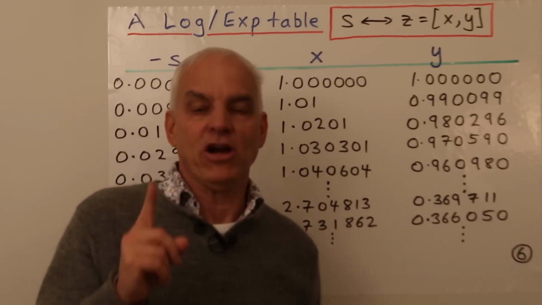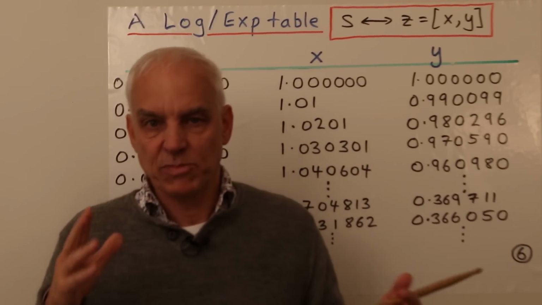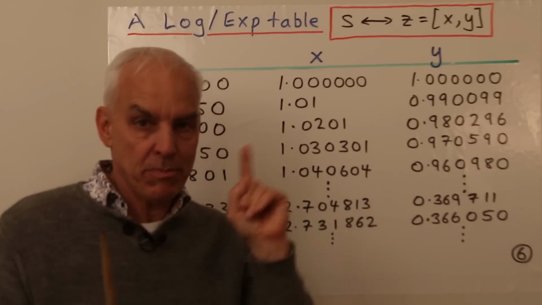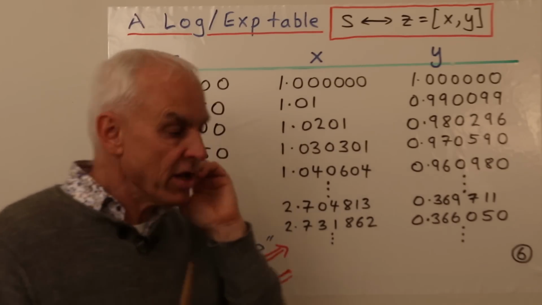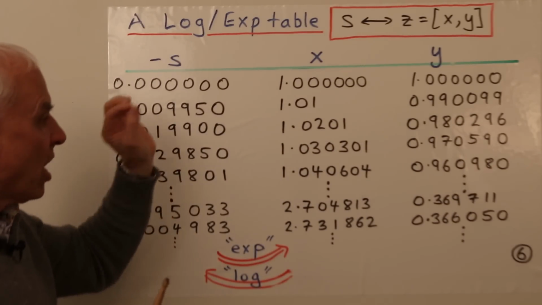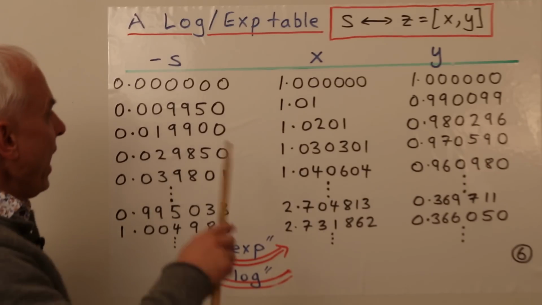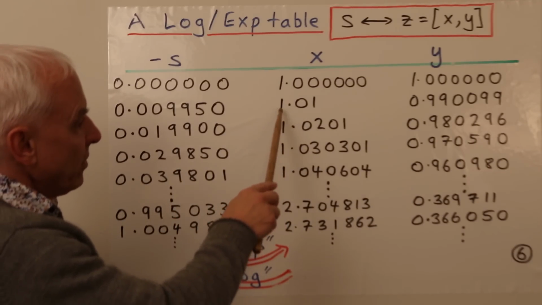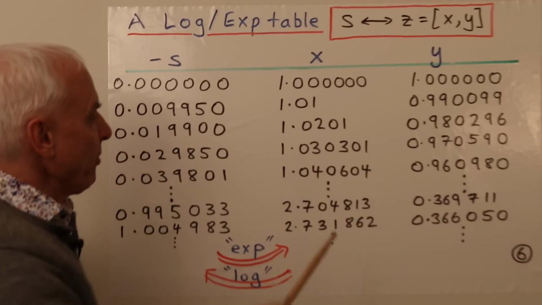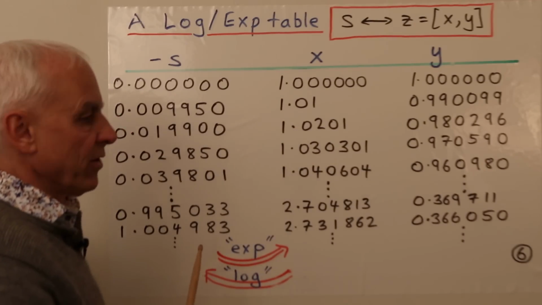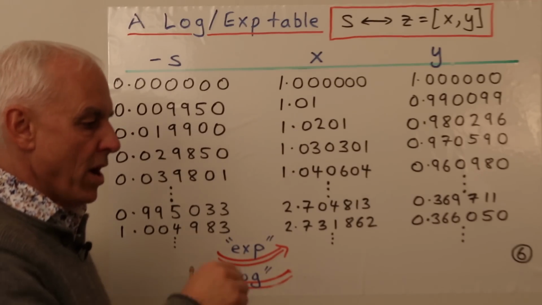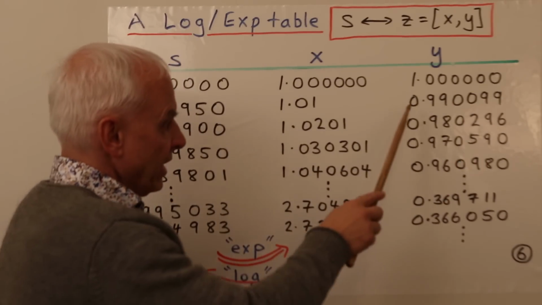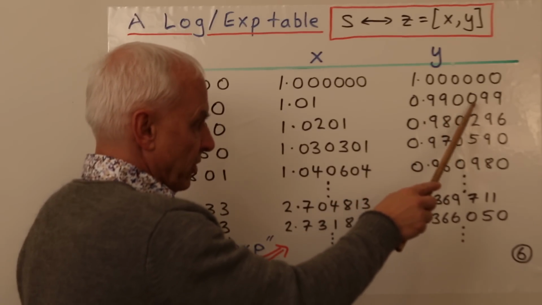All right, so now we can start making a log or exp table very much in the same way that Burgi and Napier did. Very much in the same way. So what we do is we take that single computation that we started with, and that was the log of, well, the complex number whose x-coordinate was 1.01, that's the 1 in 100th, and whose y-coordinate, to 6 decimal places, is 0.990099.